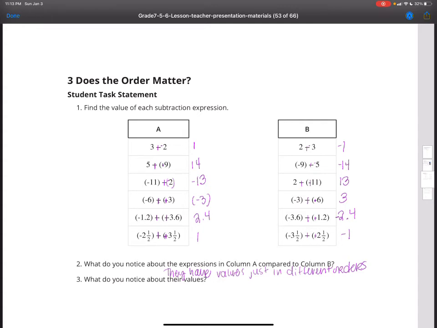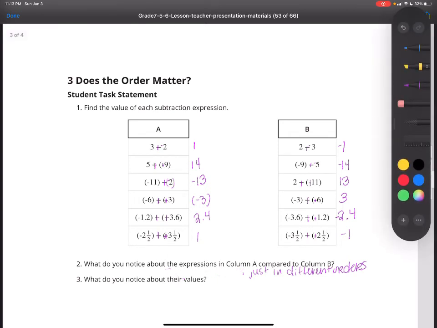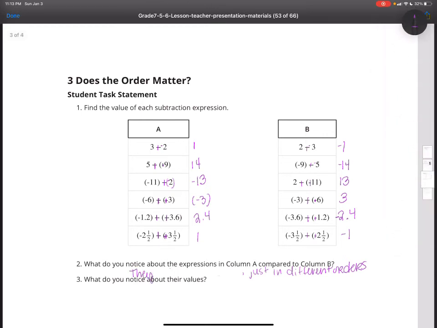All right. It says, what do you notice about their values? Their values are opposite.